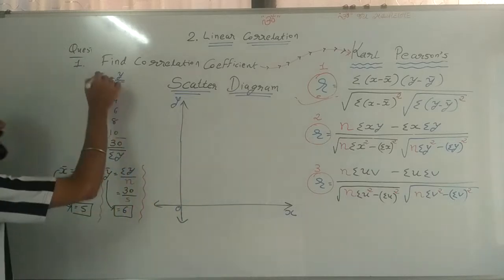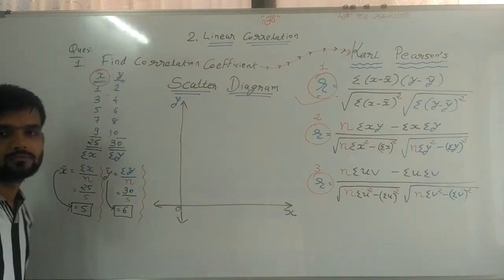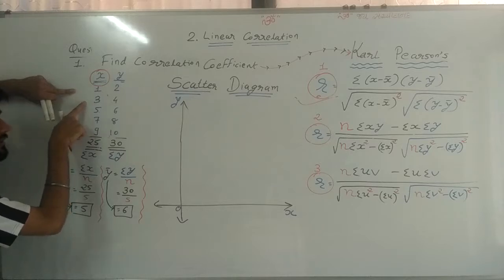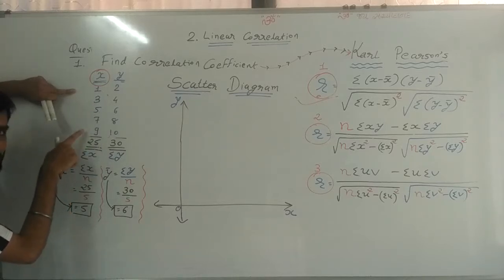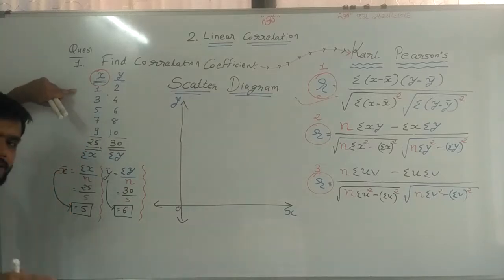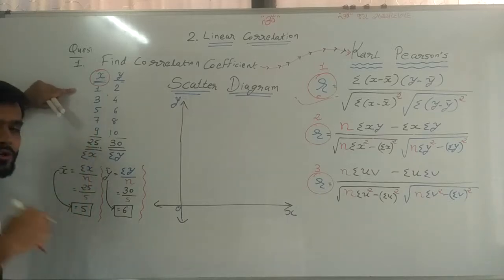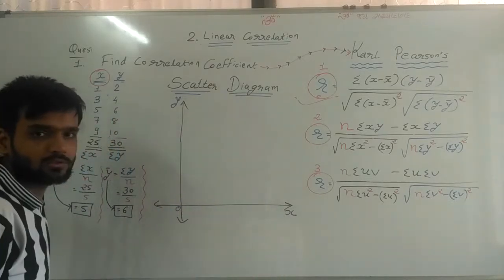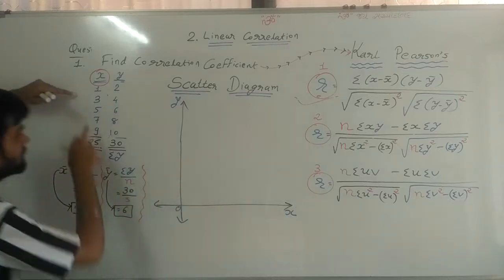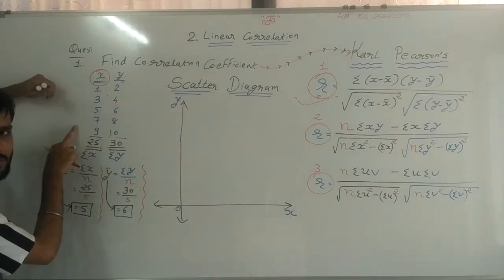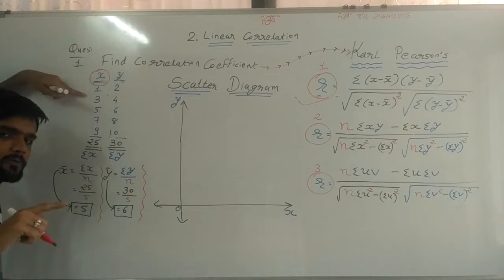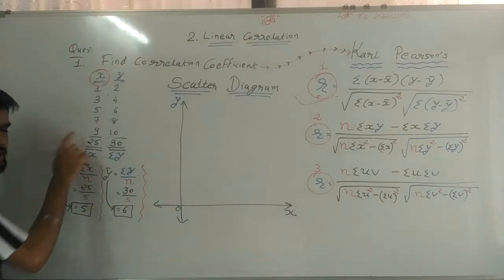Here the values of x are given: 1, 3, 5, 7, 9. These are the values of x, and we need to plot them on the x-axis. On the x-axis the minimum value is 1 and the maximum value is 9.